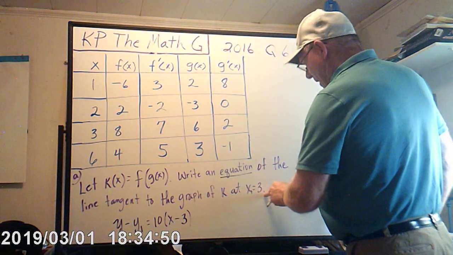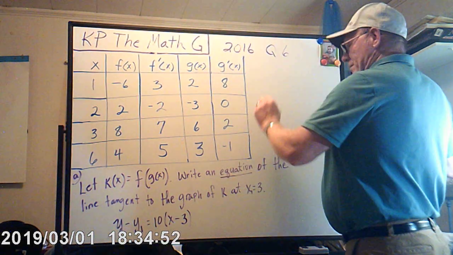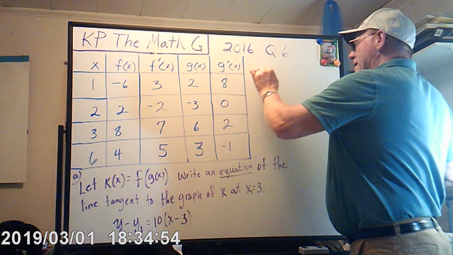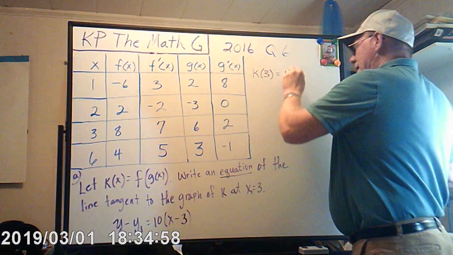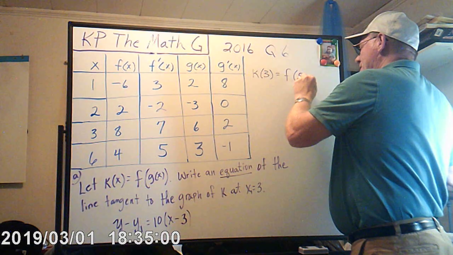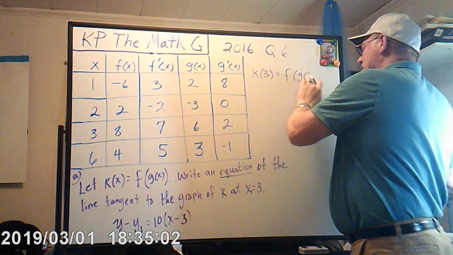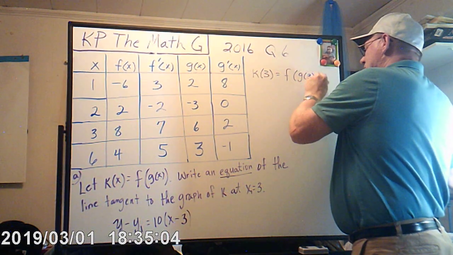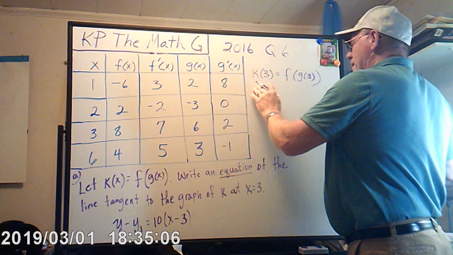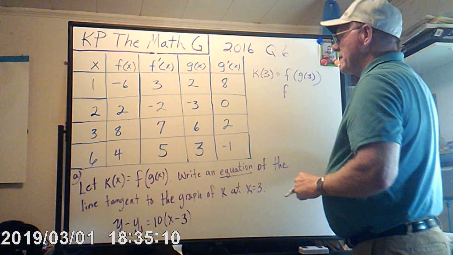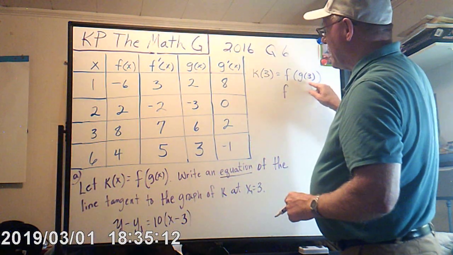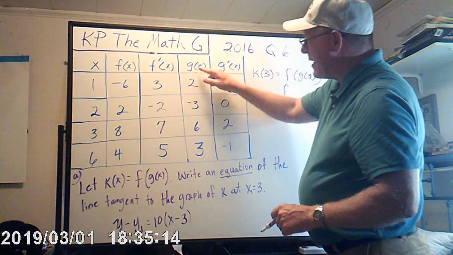Well, we're dealing with x being 3, so we're going to say k at 3 is equal to f at g at 3. So that's really what we're looking at. So g at 3, so f at g at 3, so g at 3 is 6.